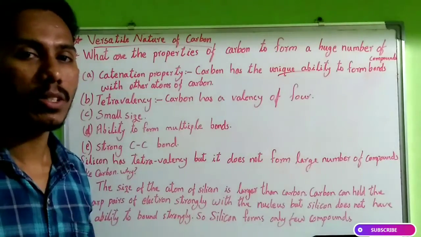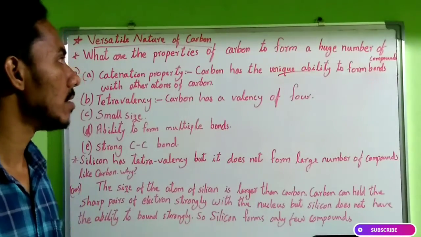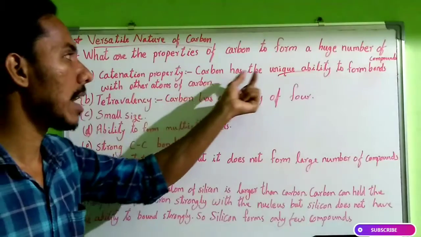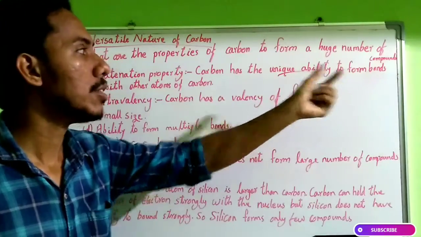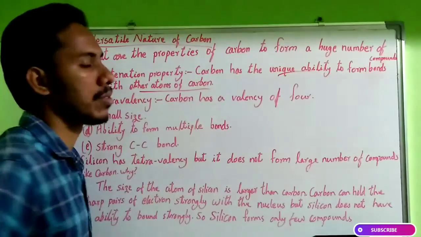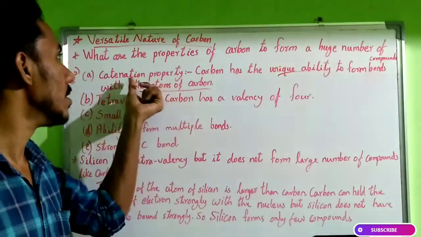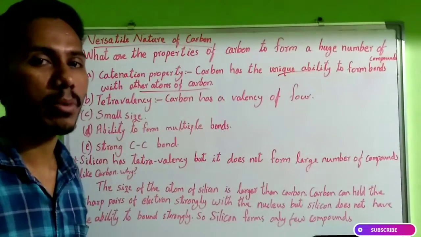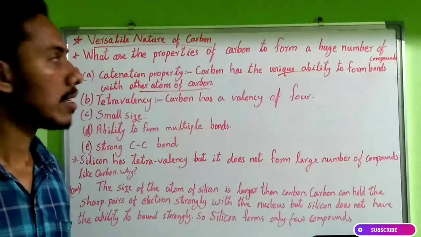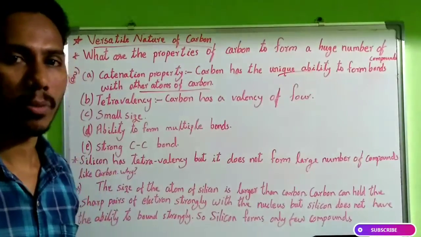A carbon molecule can link with another carbon molecule. That is the catenation property. Carbon has the unique ability to form bonds with other atoms of carbon. That is the self-linking property, and this is called the catenation property of carbon. That is the first reason for the huge number of carbon compounds.